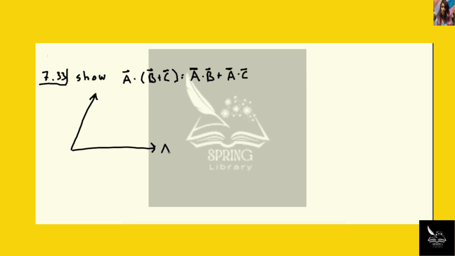So let's call this vector that's horizontal here A. This vector here is going to be B plus C. Here's B and here's C, where C is moved so that its tail is at the tip of B, so that it's clear that we've added them together to get this vector.